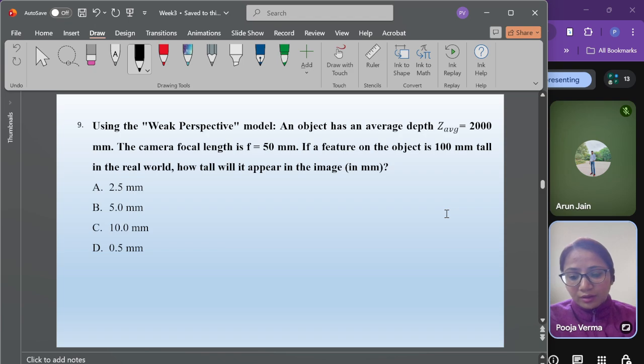Anyone have any idea how to proceed with this question?